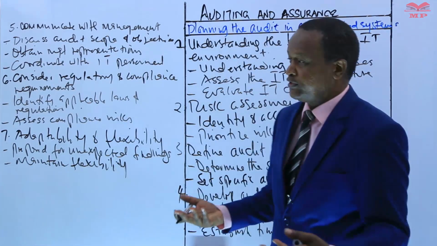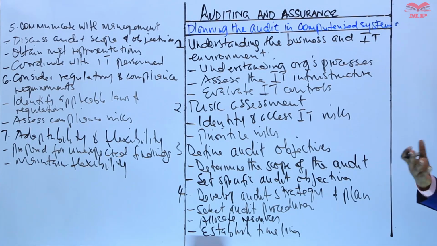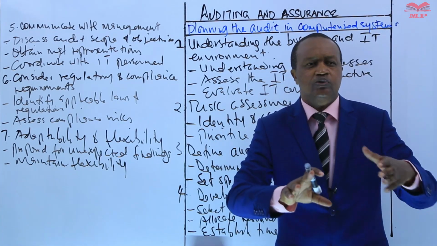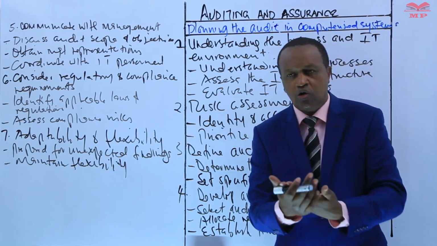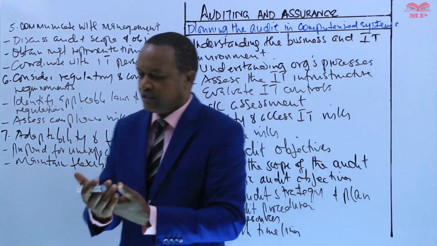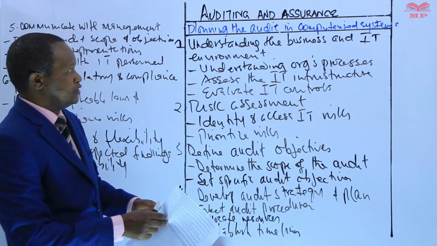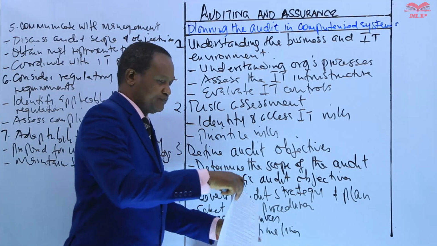So these are steps which are very key, and by following these steps and considering the unique aspects of a computerized environment, auditors can effectively plan and execute audits that provide valuable insights into an organization's IT controls, risks, and compliance. That is the end of the lesson on planning the audit in a computerized environment.